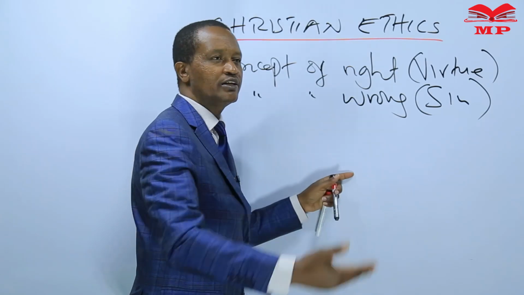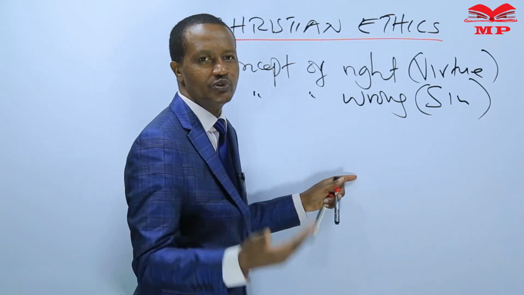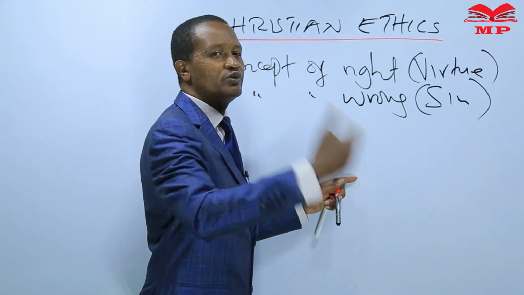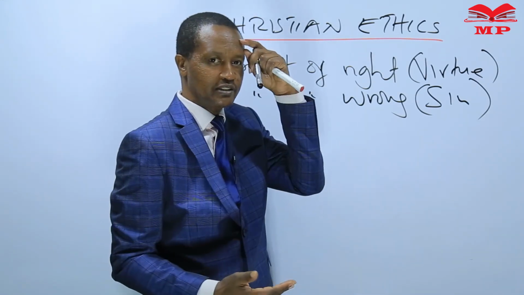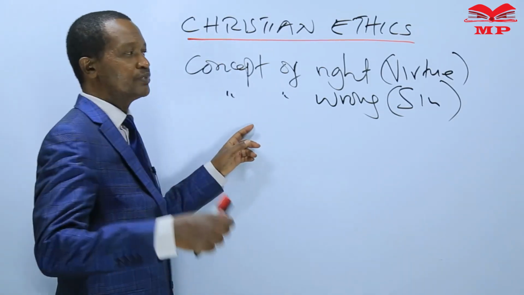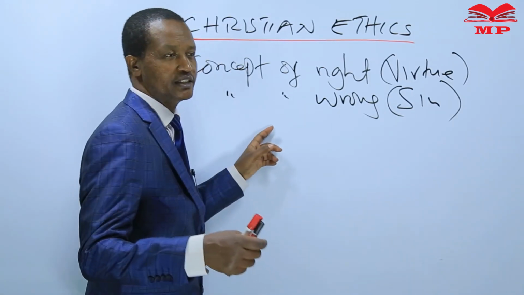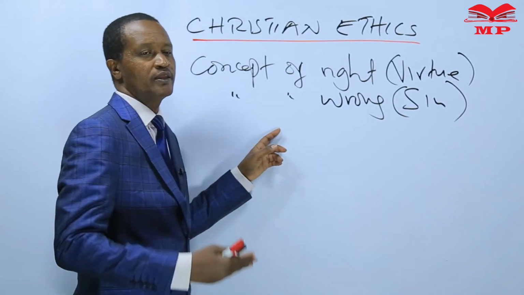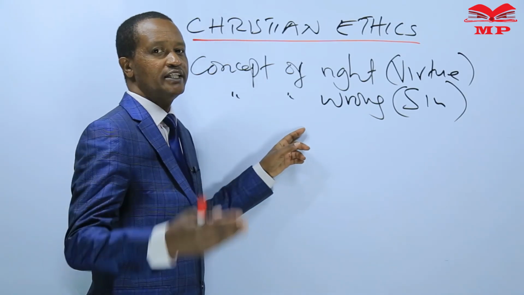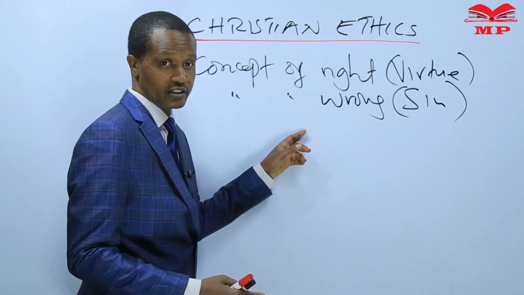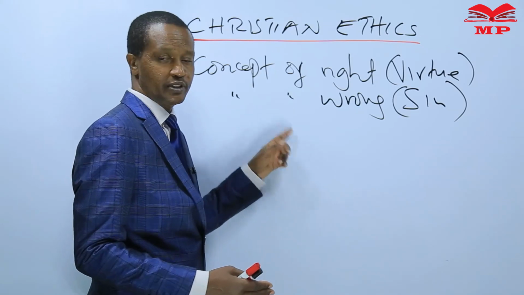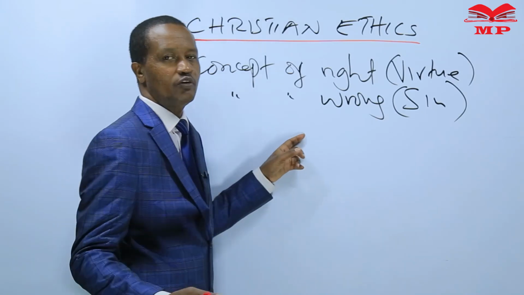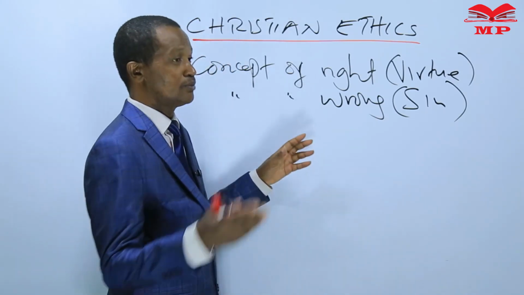Okay, so these principles and values come with the full knowledge of their consequences. Learners, these Christian principles and rules guide the behavior of Christians, because with these principles we learn the consequences of our actions, because these principles are all about making decisions.